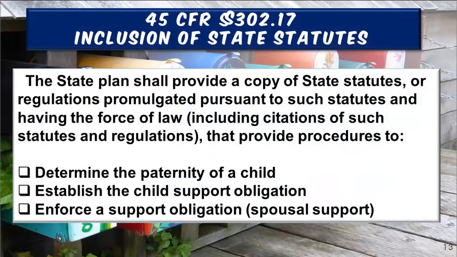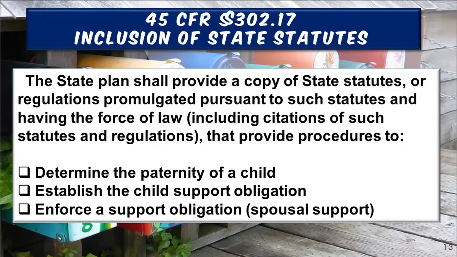So let's talk about the case law versus the Constitution and state codes. We go to the federal statute for the child support agency, found under 45 CFR 302.17, which covers the inclusion of state statutes.